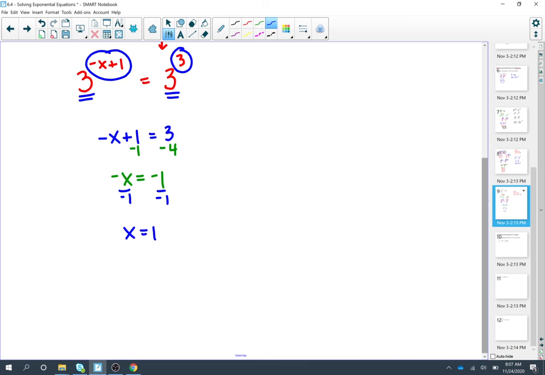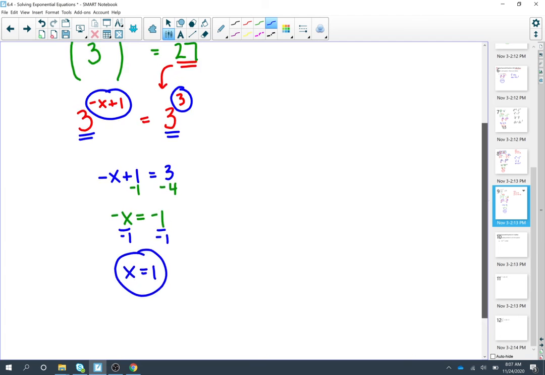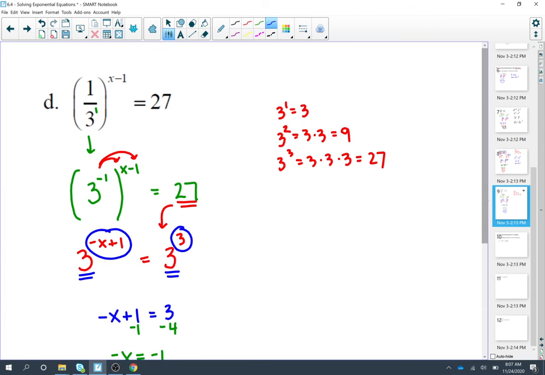Okay, then we're going to go check our answer. x equals 1. So then I'm going to have 1/3 to the power of 1 minus 1 equals 27. Well, that's going to be 1/3 to the power of 1 minus 1, which is 0, equals 27. And 1/3 to the power of 0, if you use your calculator, that's 1. This does not work, which tells me I screwed up.